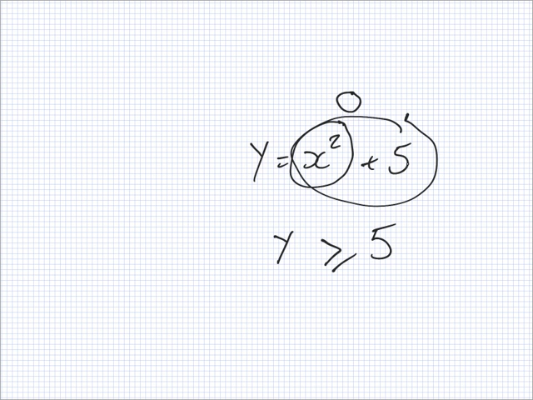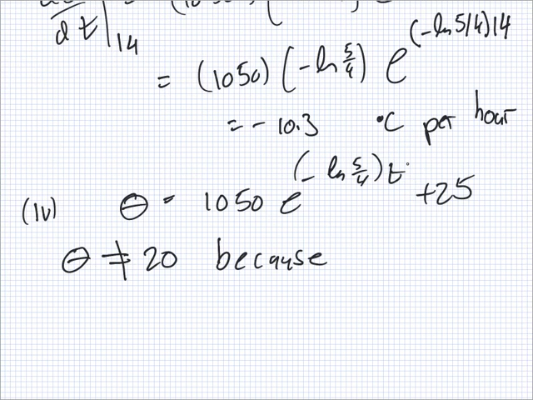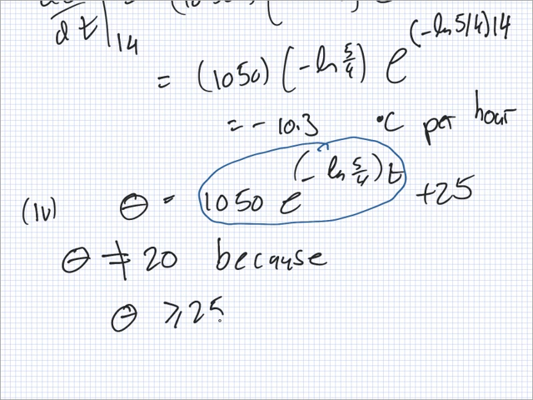So if we go back here, I don't know if you know this, but exponential functions are like square functions. They have to be positive. They can never be negative. So the reason theta must never be 20 is because theta must be bigger than or equal to 25. In fact, I really should say theta should be bigger than 25.